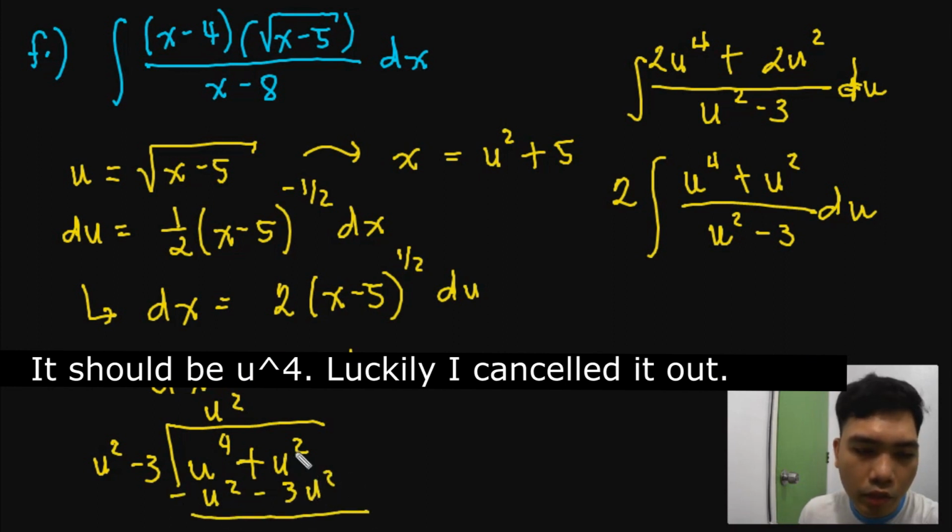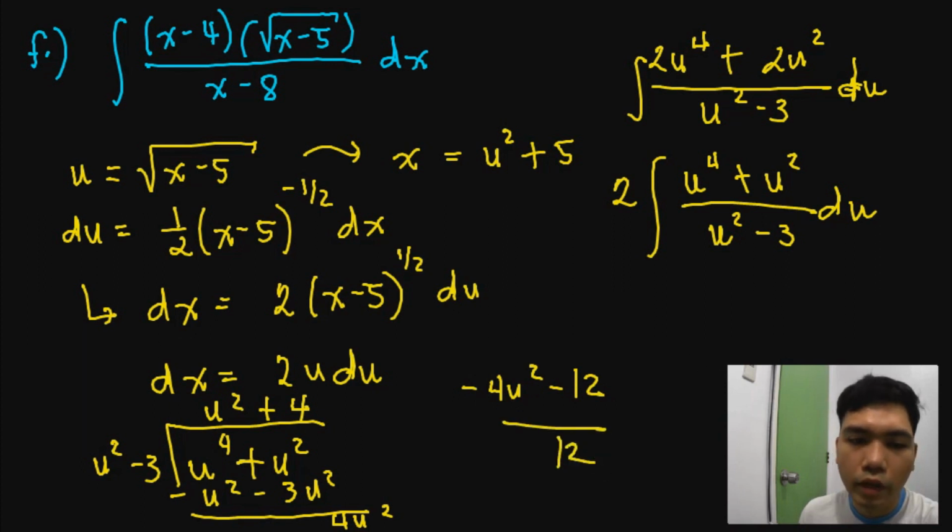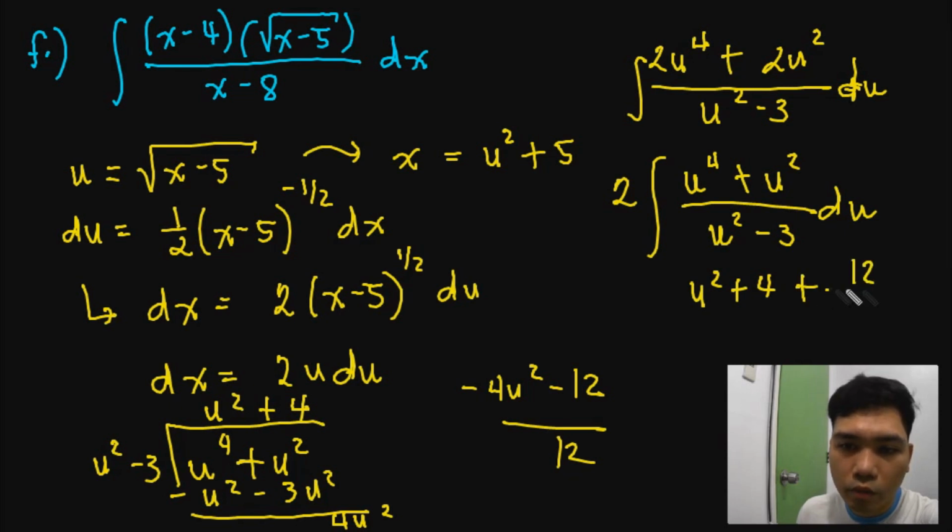We have positive 4u squared right away, and then plus 4, and that will become 4u squared minus 12. Subtracting this we get positive 12. So our final answer would be u squared plus 4, plus 12 over u squared minus 3.